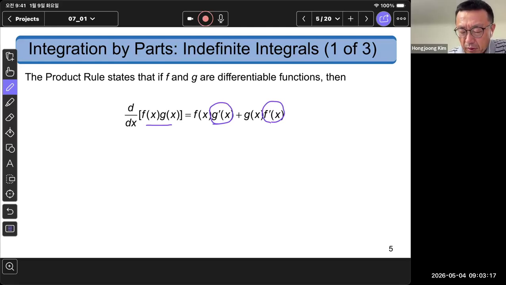So that means f times g will be the antiderivative of these two terms.